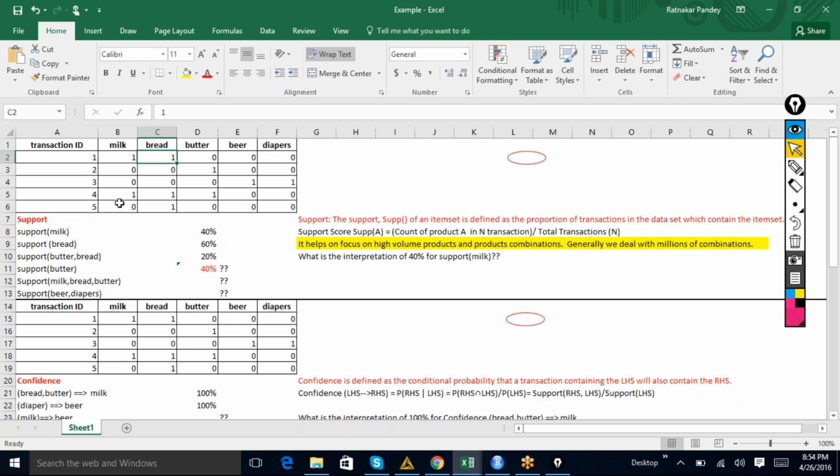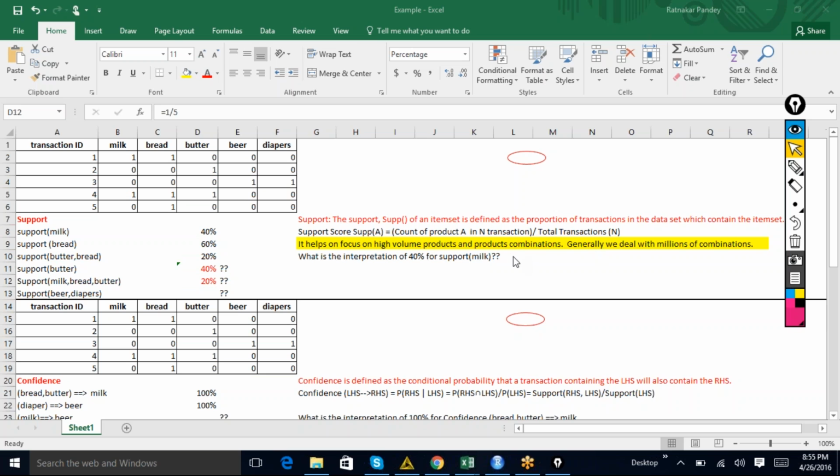The second time milk is bought is in transaction number 4, where all three are bought together. So milk, bread and butter have been bought together in one instance only. So the support for milk, bread and butter is 1 divided by 5, which is 20%. Everybody agrees? Clear to everyone why it is 1 divided by 5 or 20%?